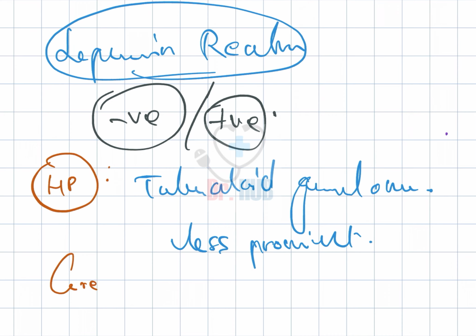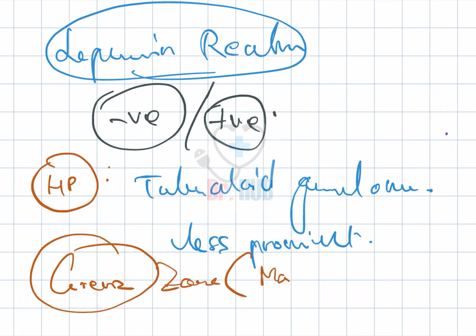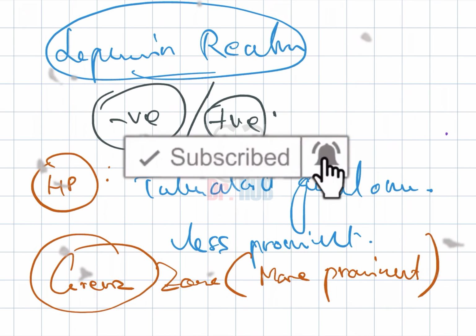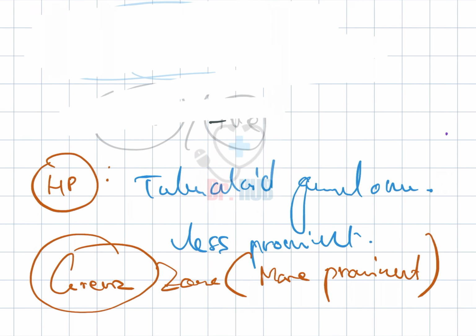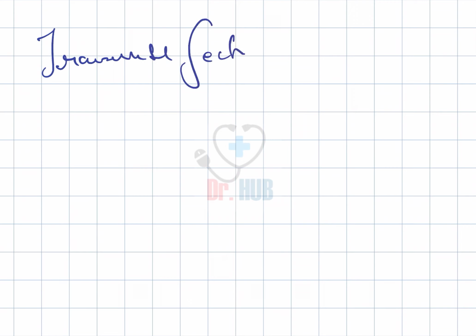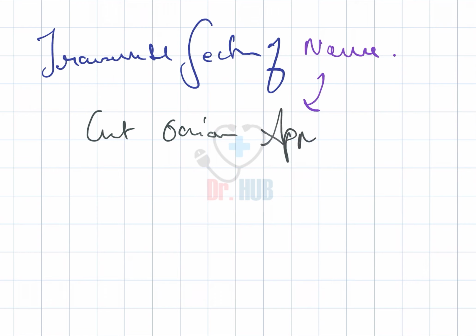The Grenz zone is more prominent, and a transverse section of nerve shows cut onion appearance.